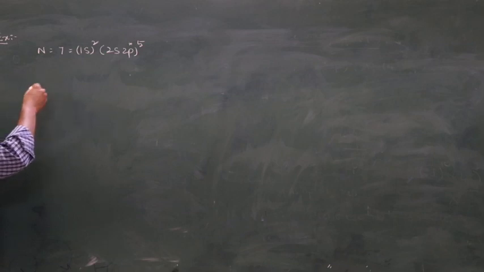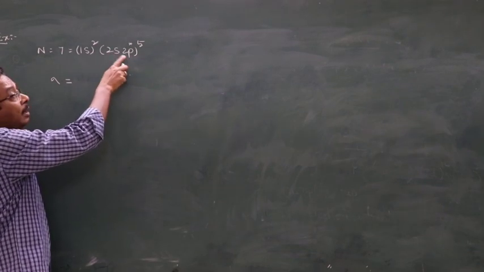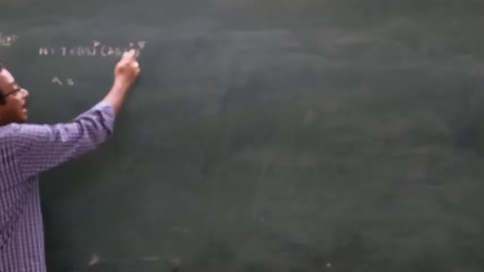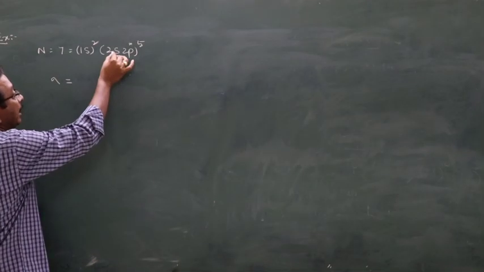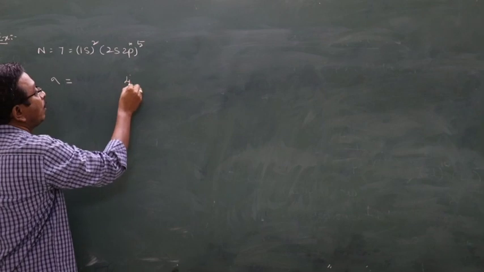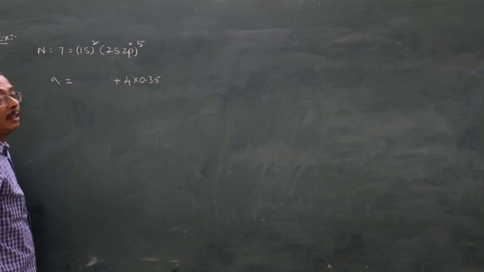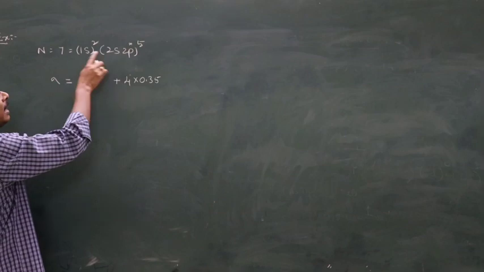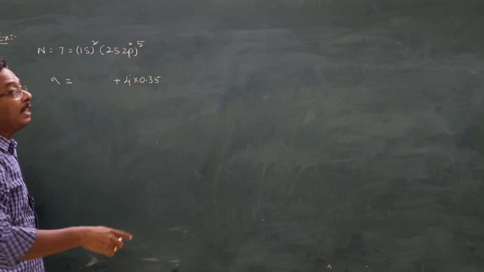During the calculation of the Slater constant, the electron for which the effective nuclear charge is calculated is excluded and the remaining electrons contribute 0.35 each to the Slater constant, meaning here 4 into 0.35 plus, and the electrons which are present in the inner orbit, meaning n minus 1, contribute 0.85 each to the Slater constant.